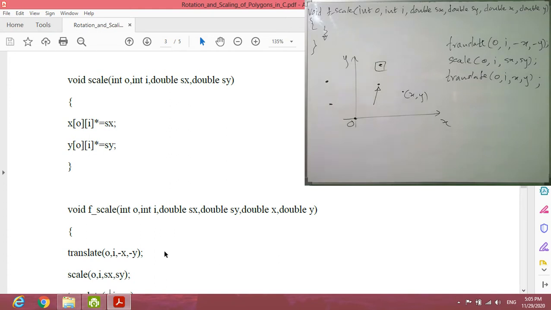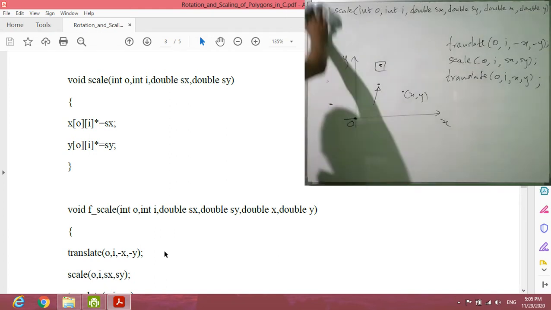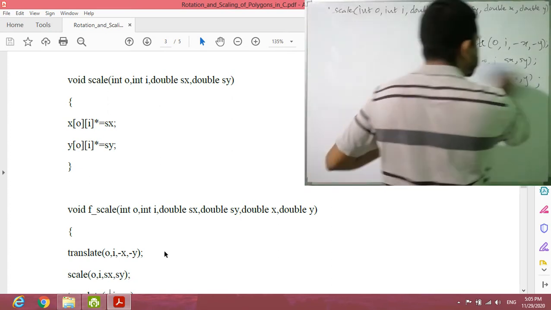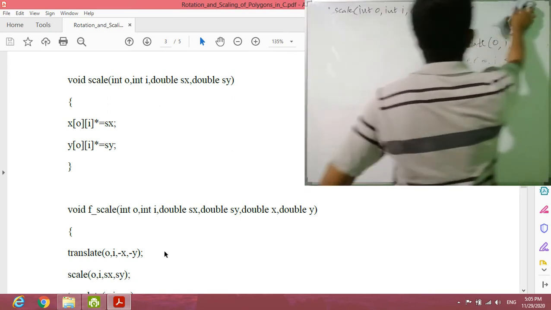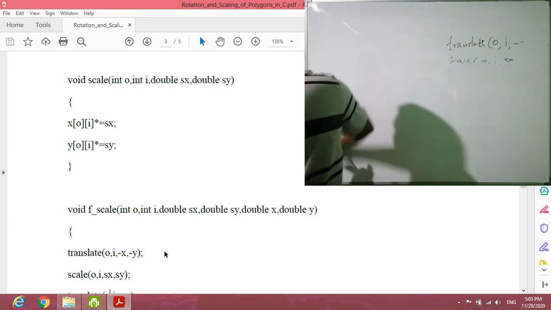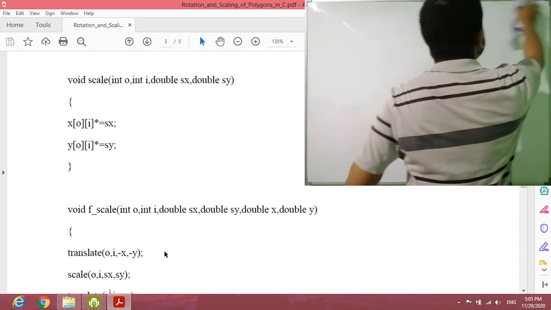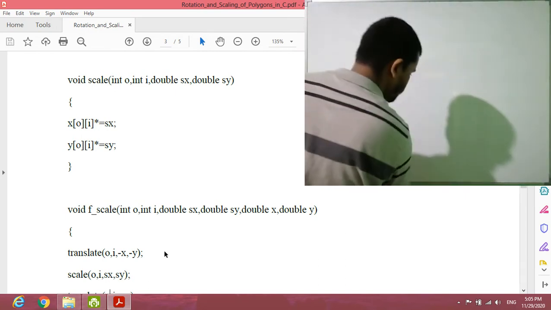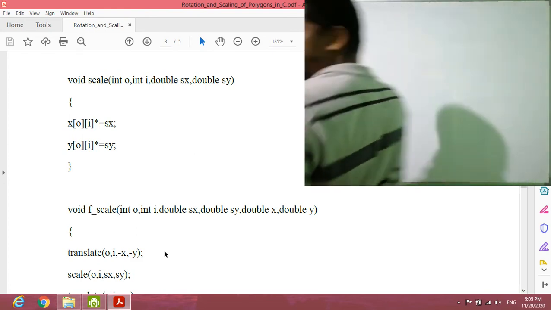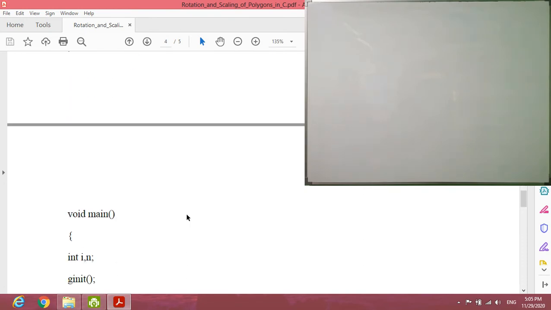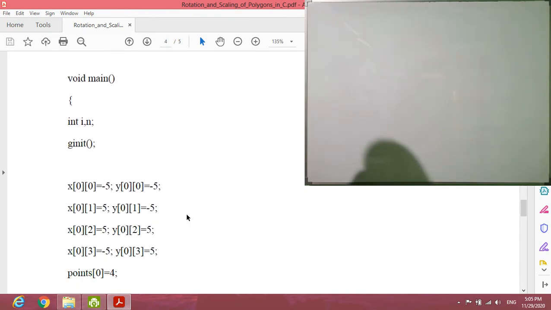Now we discuss the main function of this C program.